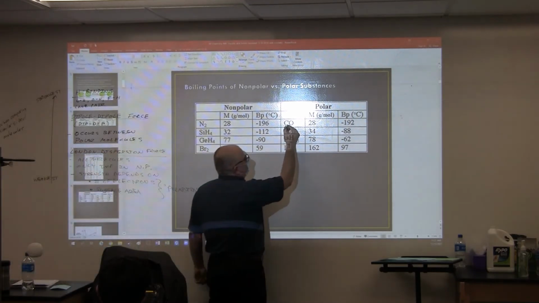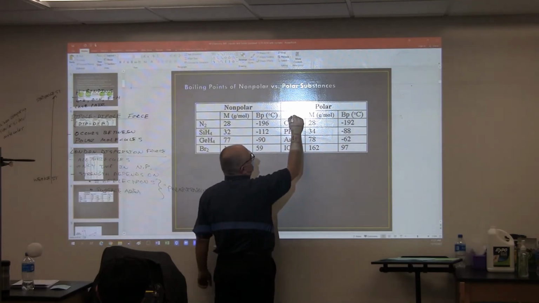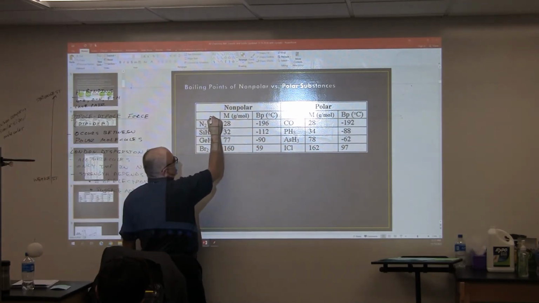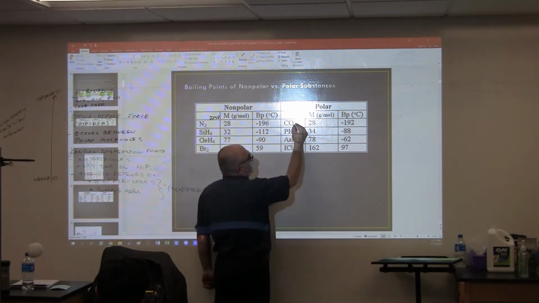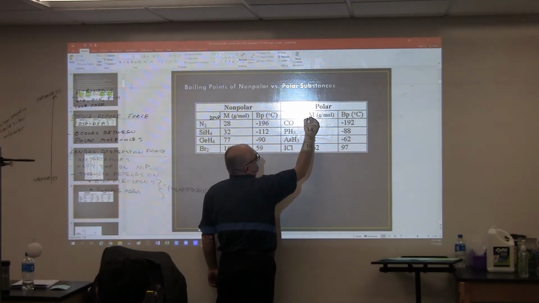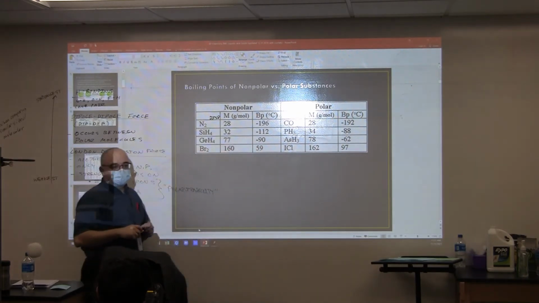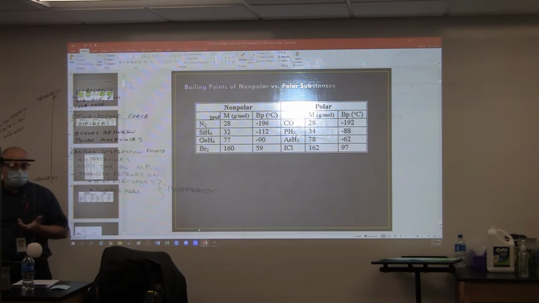Good. Because this is a polar molecule, this is not just dispersion anymore. This has dispersion, and probably very similar dispersion to the nitrogen. But because carbon monoxide is polar, this also has a dipole-dipole attraction. And that adds more attraction because, again, we can have more than one intermolecular force operating at the same time.